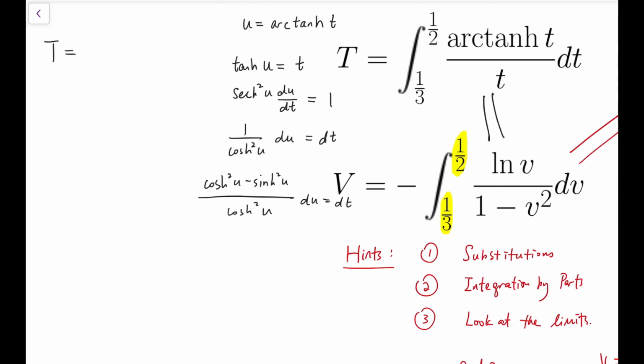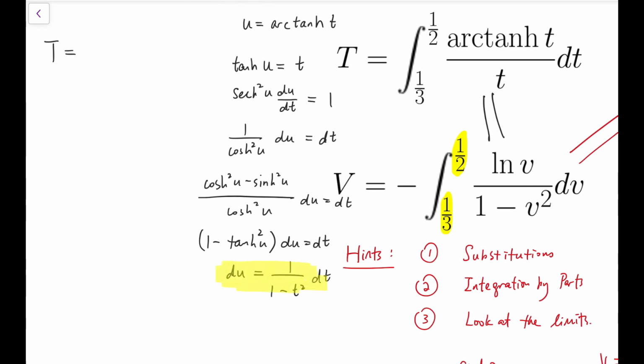So that means it's actually just 1 minus tanh squared of u. So that means du is actually 1 over 1 minus t squared times dt.